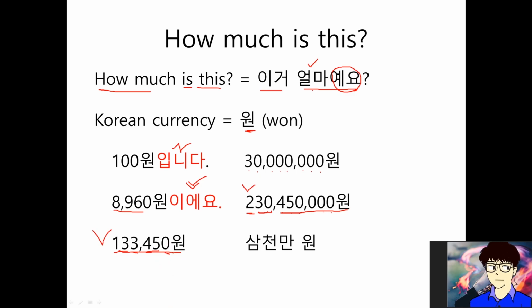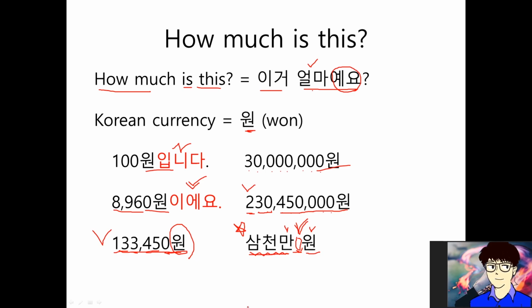However, when you write numbers in Korean letters like this, you have to leave a space between the number and 원. So in this case, 3천만 원. Pronunciation is 3천만 원. However, you have to write it this way. 3천만 원. Okay? Good.